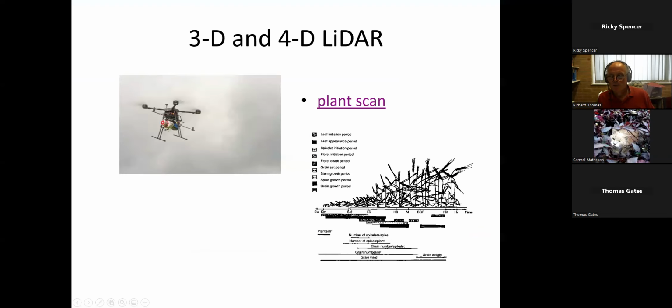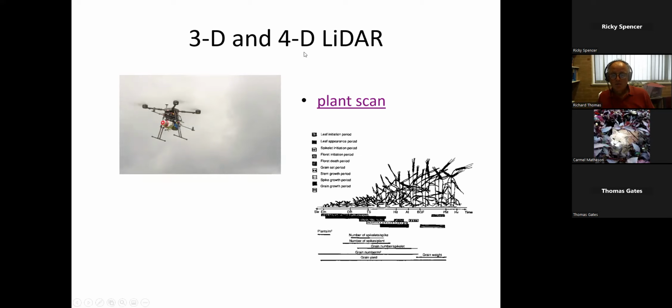So we can scan the fields. This is an area, and what's driven it is the increase in computer capacity. All of these things have been driven for the last 20 years. The processing speed and the amount of data that a computer can hold have increased so rapidly that a whole lot of things have become available. You can imagine that you want to do growth patterns of vegetation in the field.